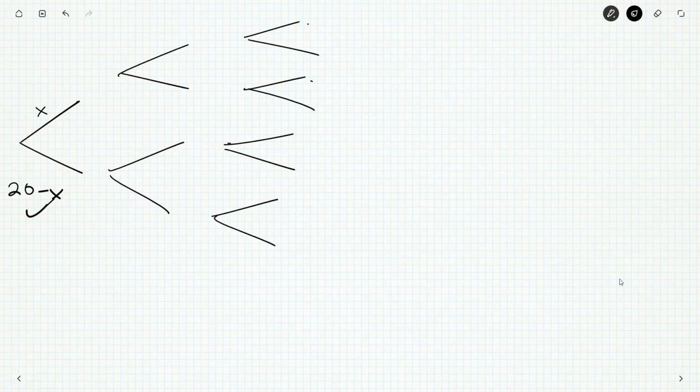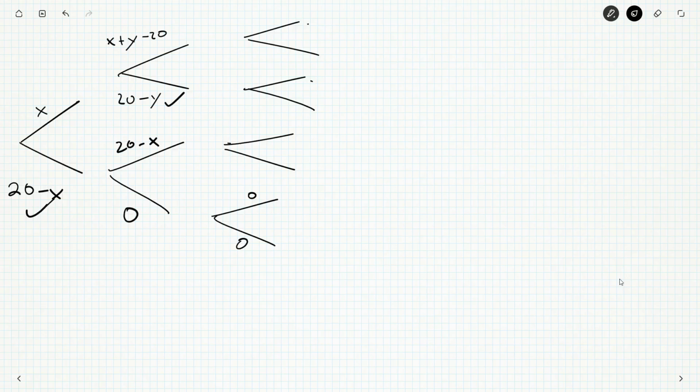So we'll give it a little check mark. We wanted C to be as big as possible, and that means that B is as small as possible. And this will be 20 minus Y. Again, that one's perfectly fine. That's allowed. So we'll put 0 here. That'll make both of these 0.